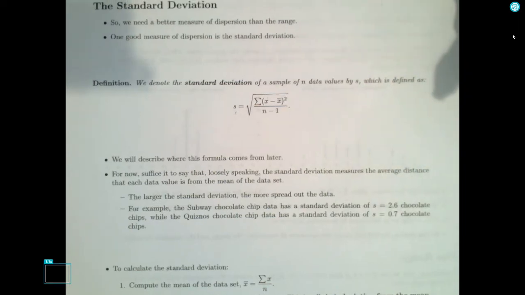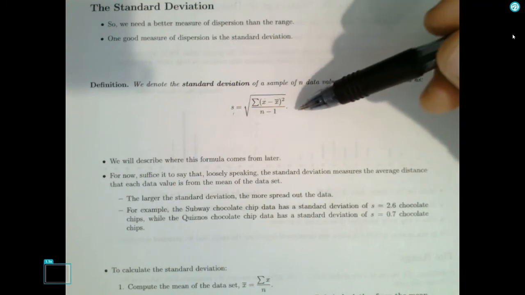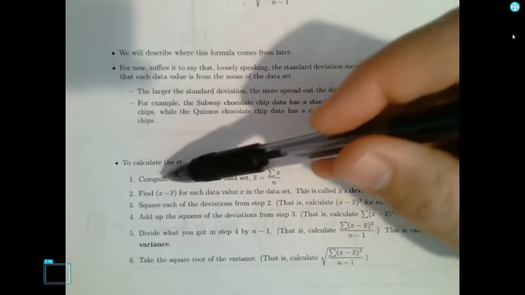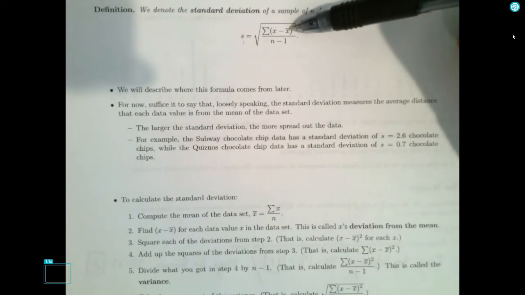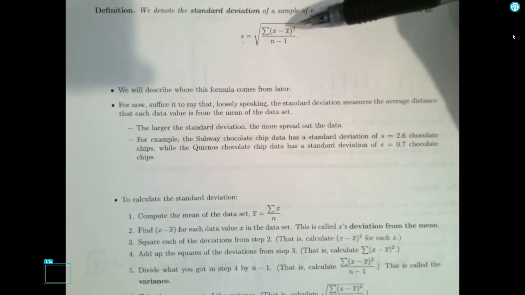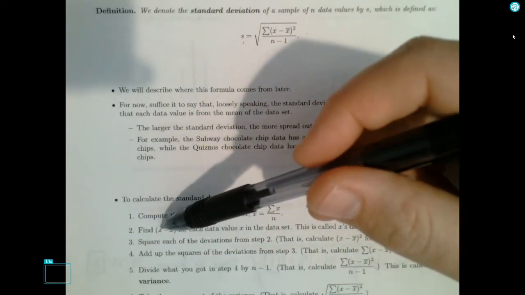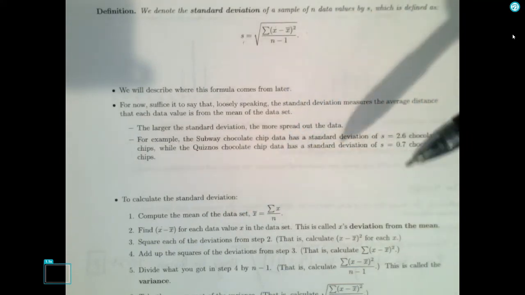Let's talk about how to use this formula, and then we'll talk a little about where it comes from. To calculate the standard deviation, the first thing we need to do is calculate x bar, the sample mean. Then we find x minus x bar for each data value x in the data set.